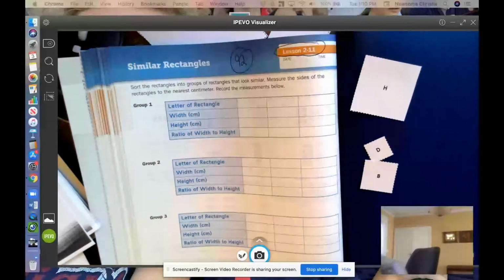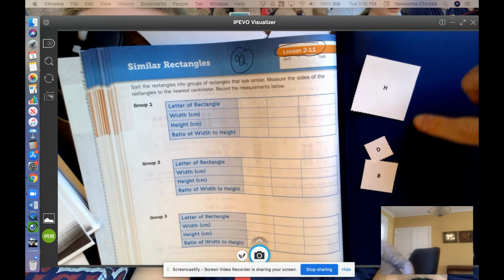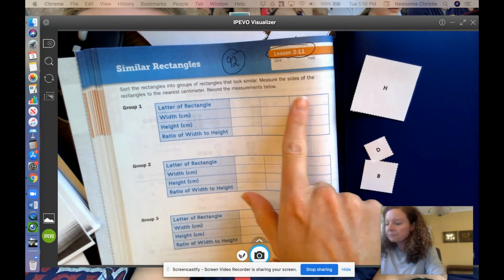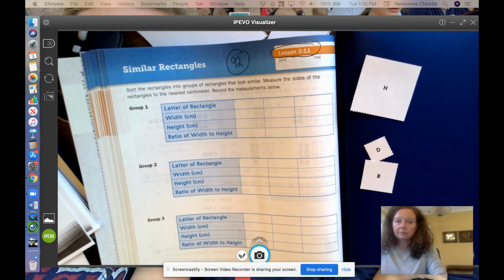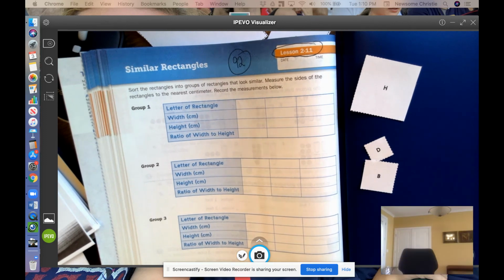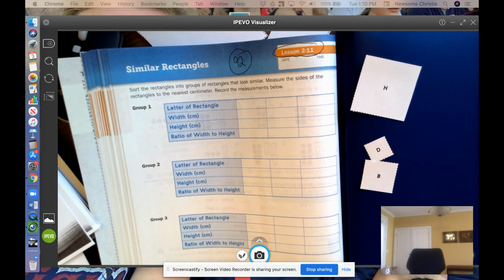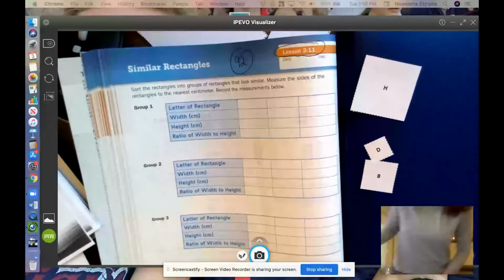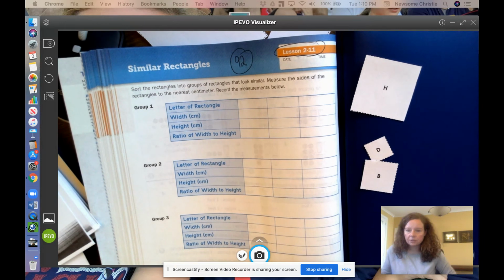I'm going to have to go run and get one. And we're going to list the measurements here. Okay, so let me grab my ruler. And it wants us to measure using the nearest centimeter.